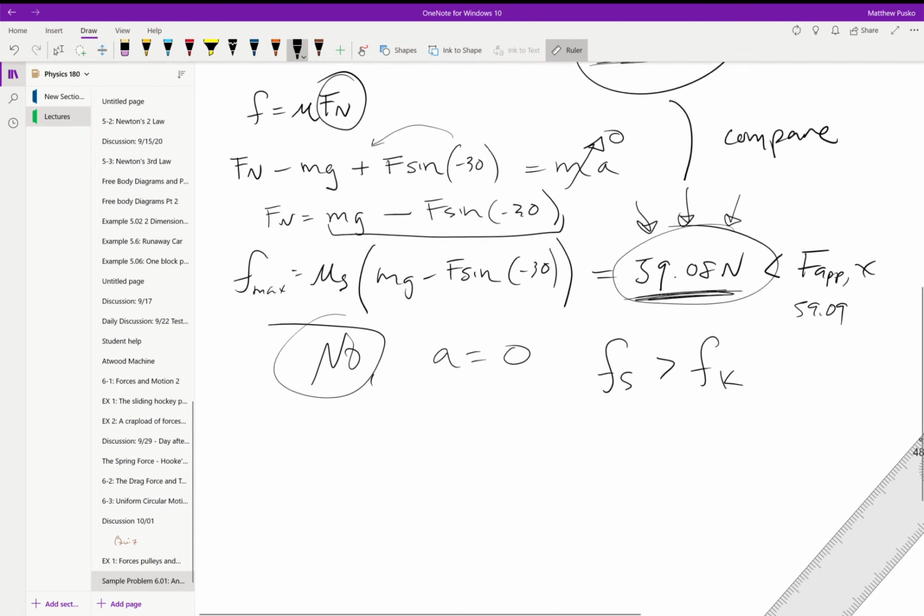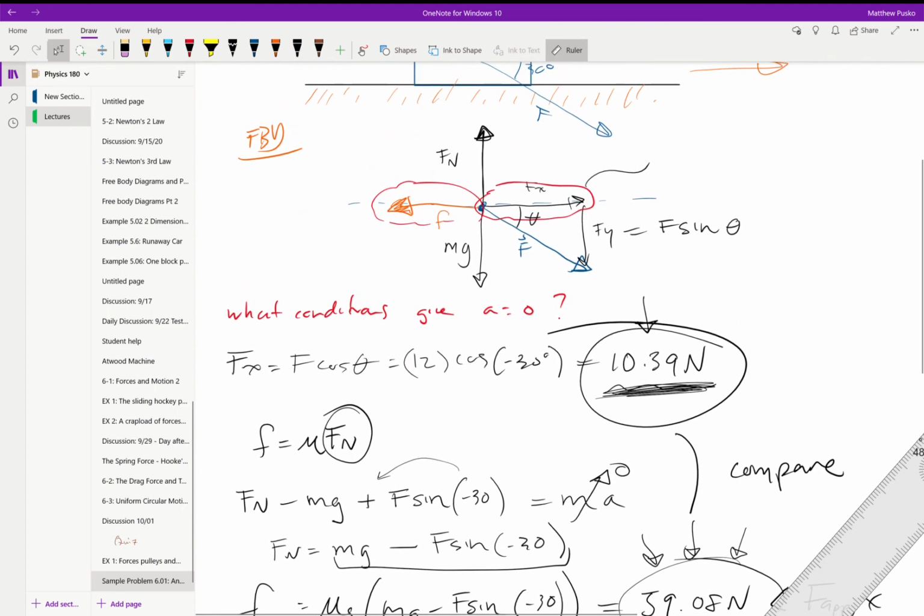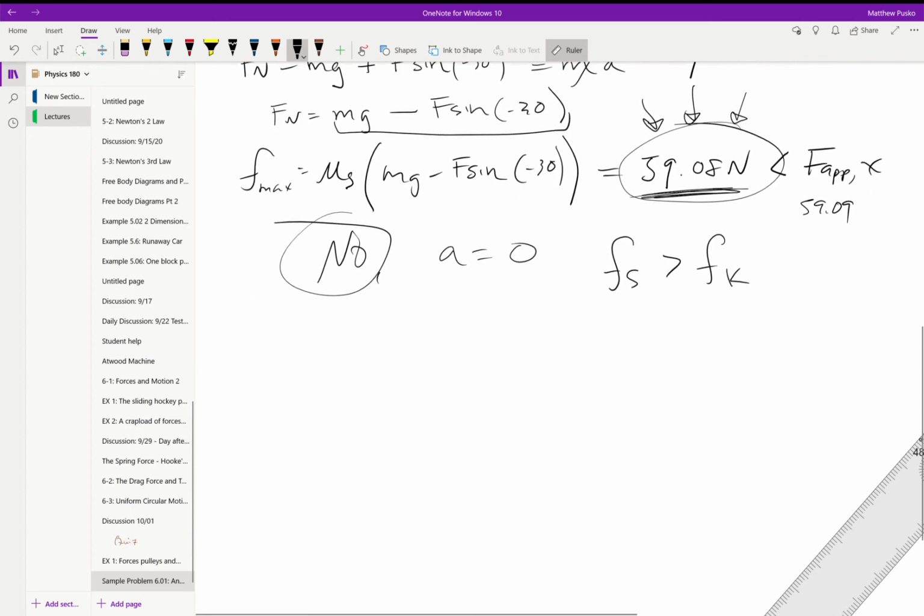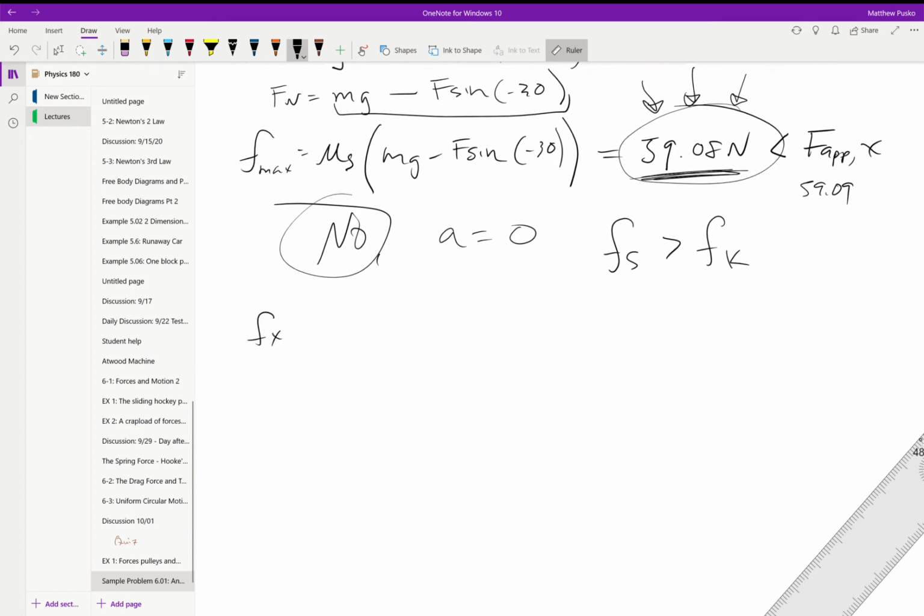So we can prove that too, though. If we look in the x direction, free body diagram, we have this force and this force. So we have some force in the x direction, that's from our applied force, minus the force of friction, and that equals some mass times acceleration. Now we just found out that the acceleration is equal to 0.